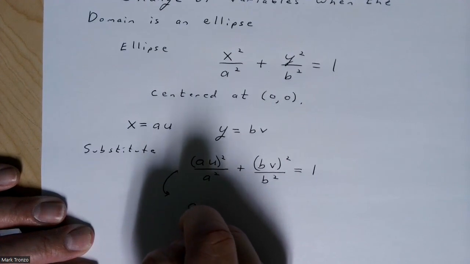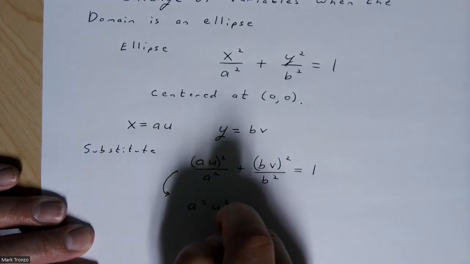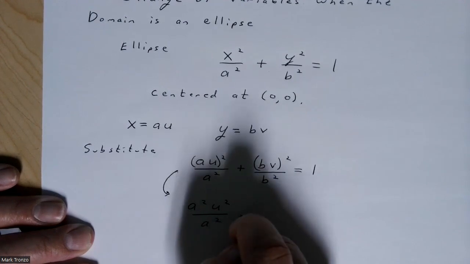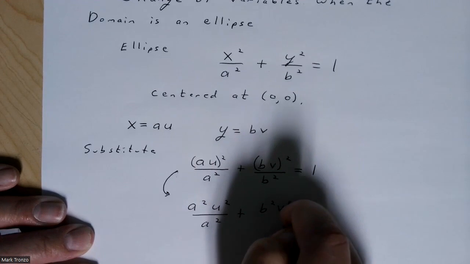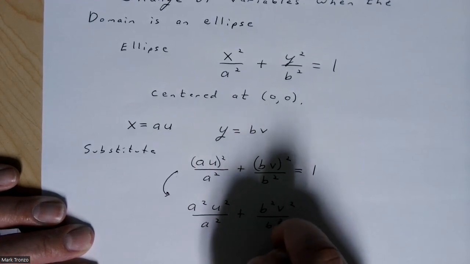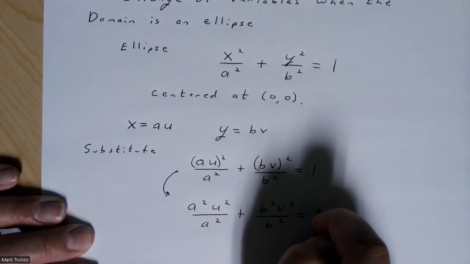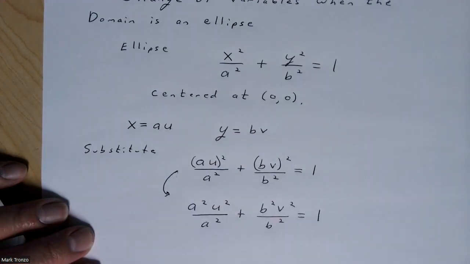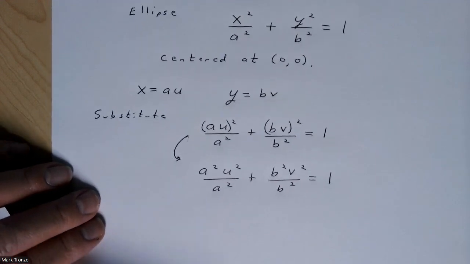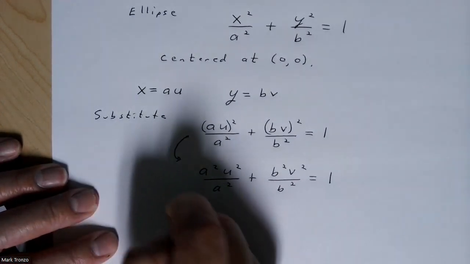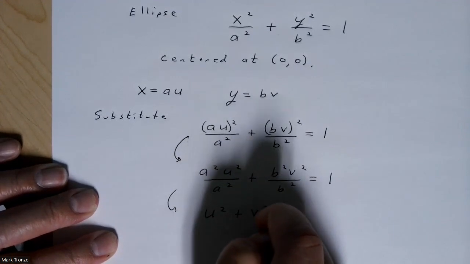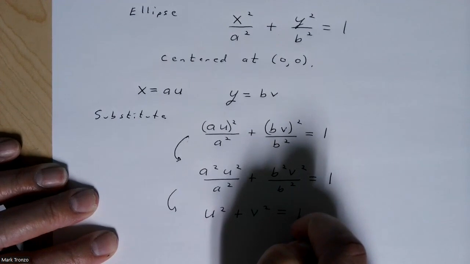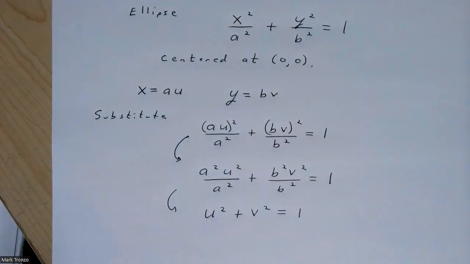We end up getting a squared u squared over a squared plus b squared v squared over b squared equals 1 like this. And then we get u squared plus v squared is equal to 1. So that's going to be a circle of radius 1.